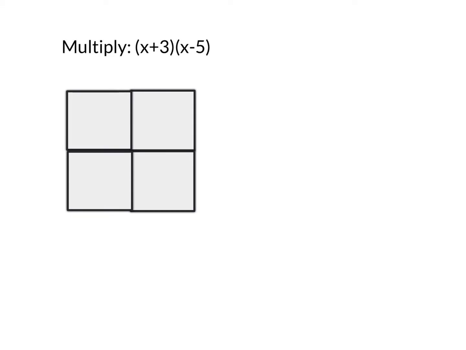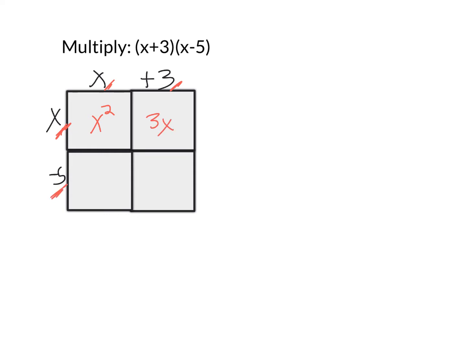All right, so let's take a look at this one. We're going to have x plus 3 times x minus 5. So let's start our multiplication. x times x is x squared. x times 3 is 3x.